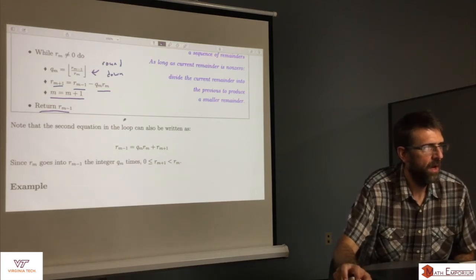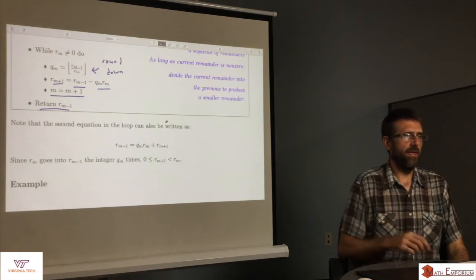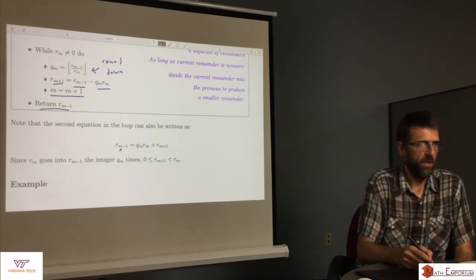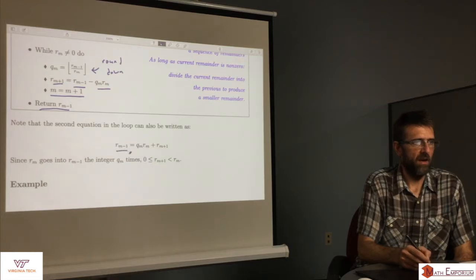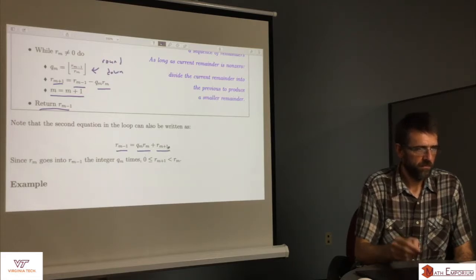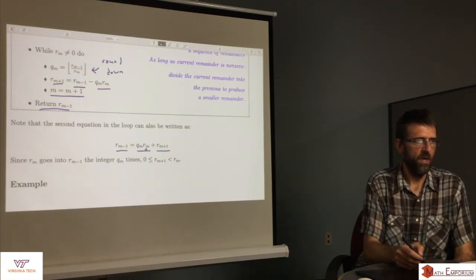Notice then that the second equation in the loop, I can rearrange this to write it as r sub m minus 1 is equal to q m times r m plus r sub m plus 1. So this is just saying do integer division with remainder.